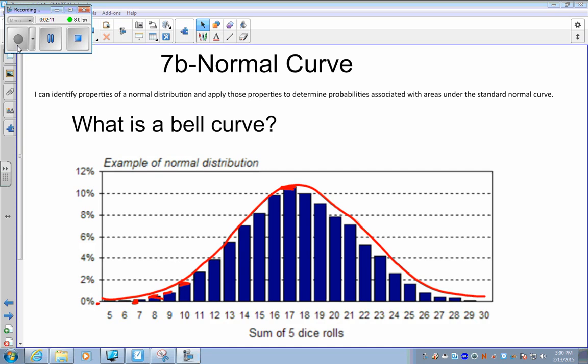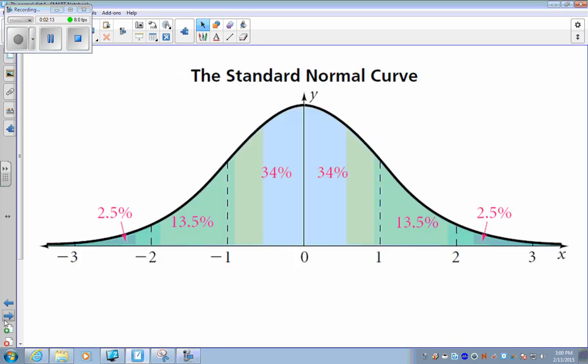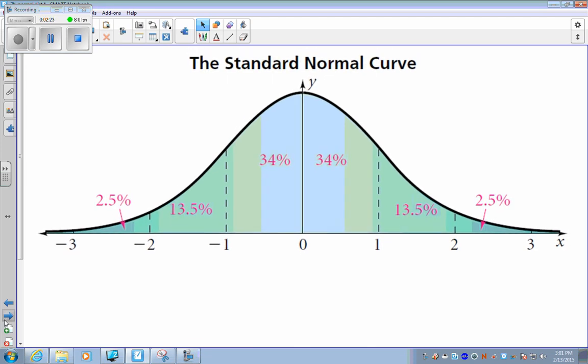Let's get into some percentages. Standard normal curve. Normal is standard, because every normal curve follows these percentages.